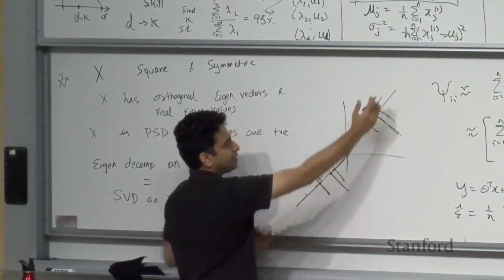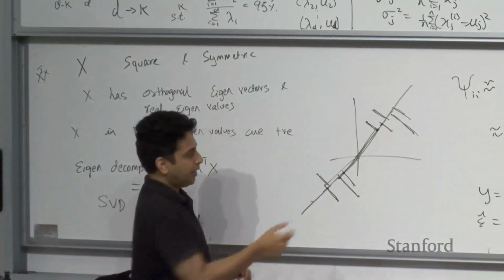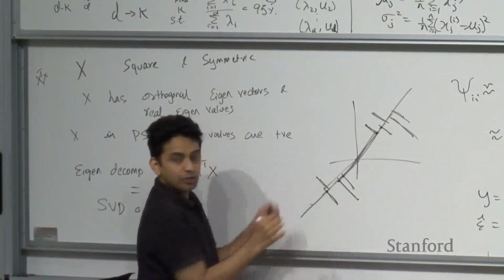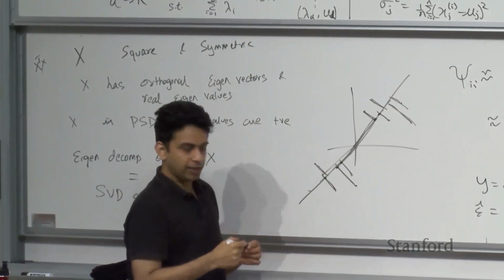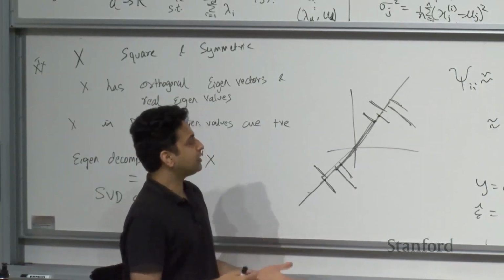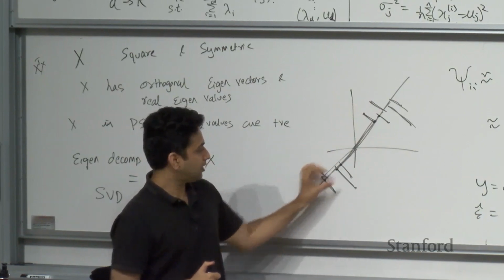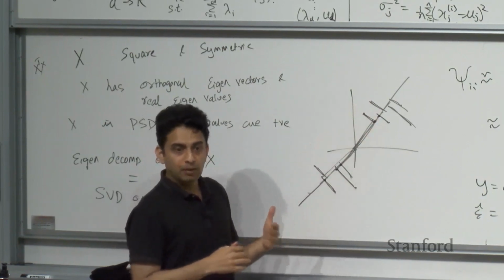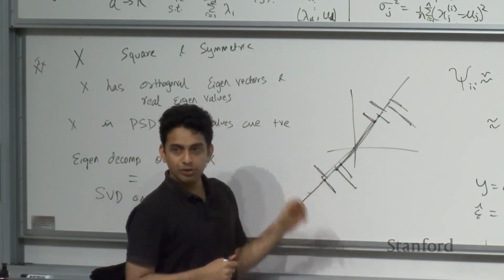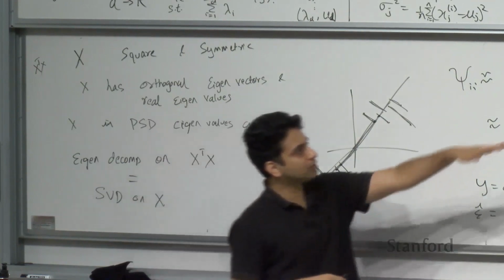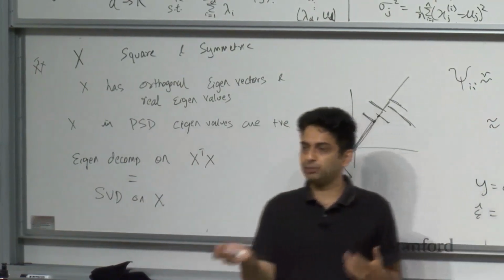Right? So maximizing the projected variance and minimizing the residuals are equivalent. And in your homework, you will show that if you phrase it as a problem of minimizing the residuals, or improving the approximation of the projected points to the original points, you will recover the same solution as maximizing the variance.